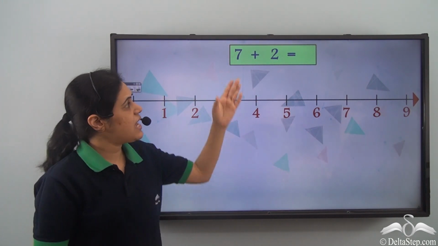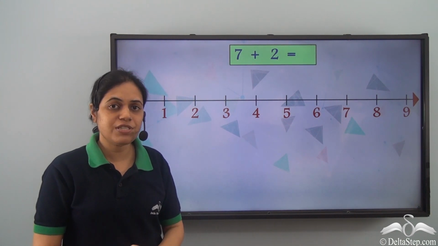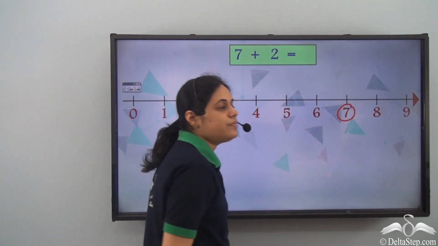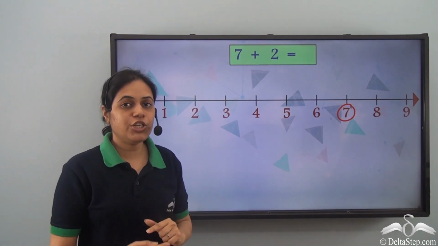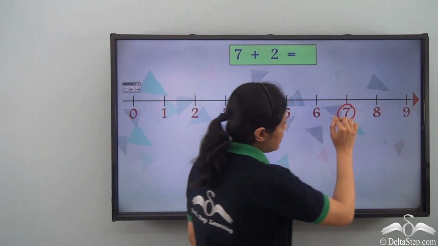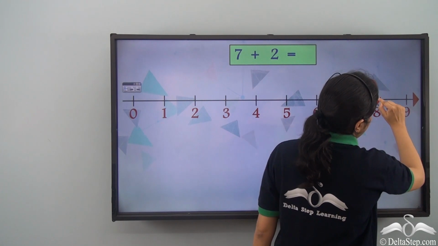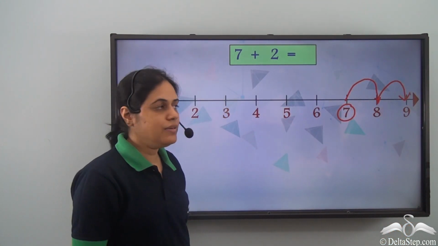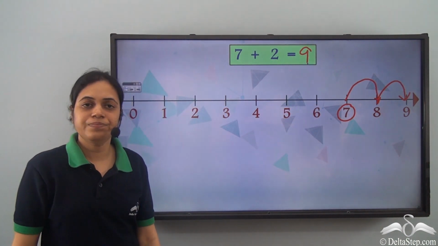Now in this case, I have the bigger number written first, that is 7 written first. So I start from 7 and I need to add 2. So I need to hop 2 times. I hop 1 time and I hop 2 times to come to 9. So 7 plus 2 gives me 9.